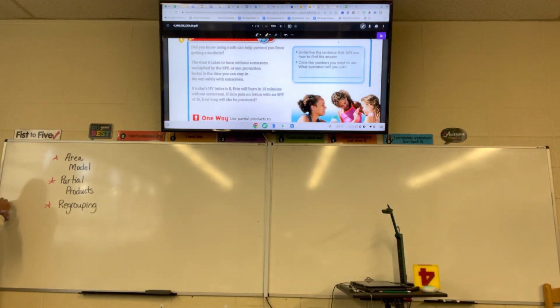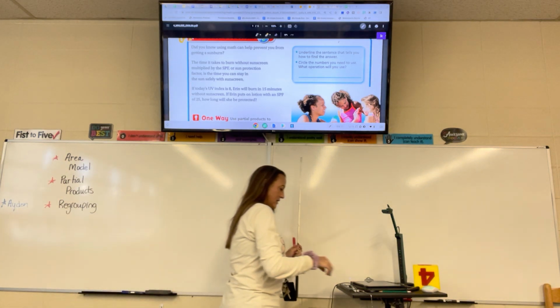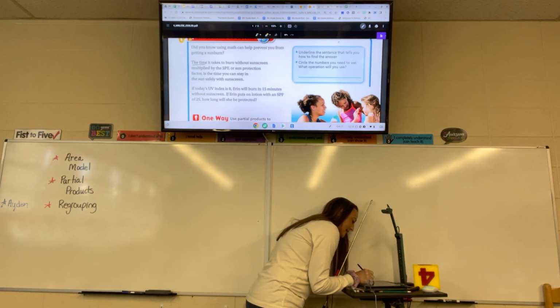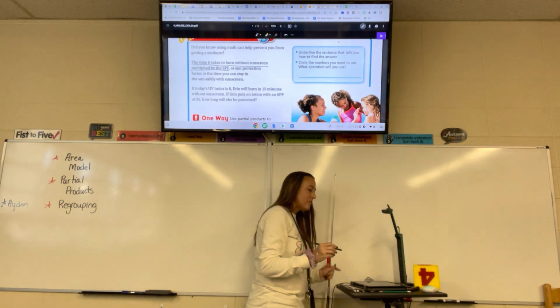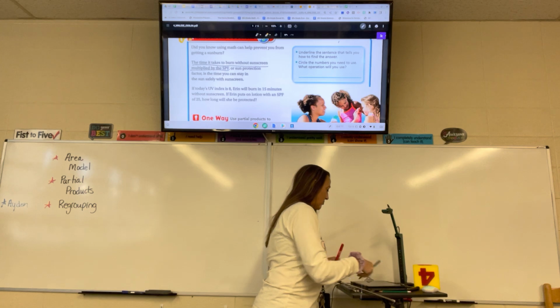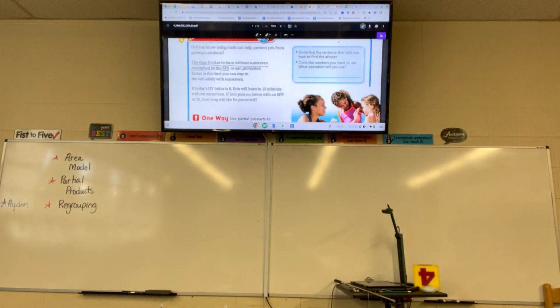All right, so here's what you need to underline. The time it takes to burn without sunscreen multiplied by the SPF. It says multiplied by right in it, so that's the one that's telling you what to do. Okay?